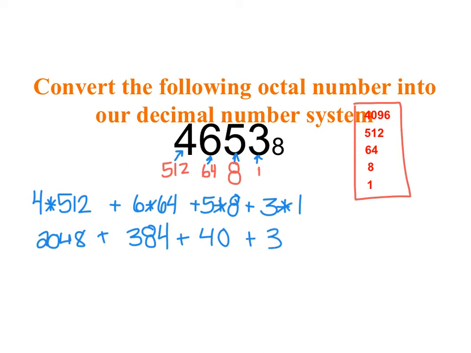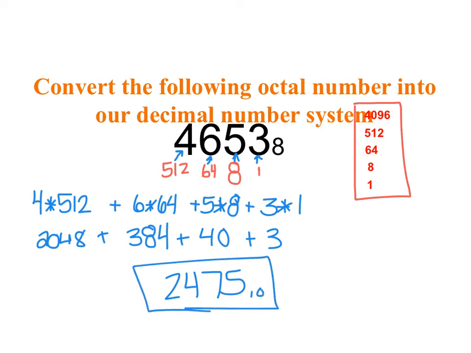And then if I add all of these together, so I have 2048, 384, 40, and 3, I get a decimal number of 2,475 base 10. So we can take our octal numbers, utilize our powers of 8, and we can convert them into decimal numbers fairly easily just by knowing what each slot is worth and then knowing how many we have within that slot.